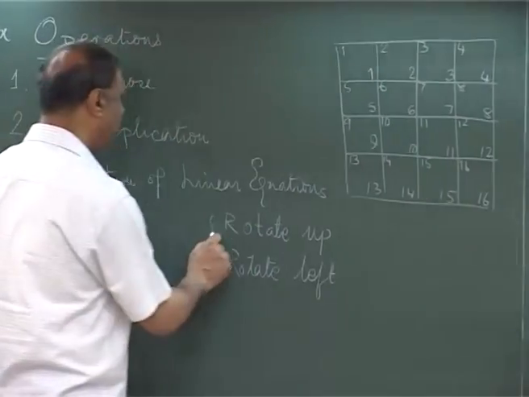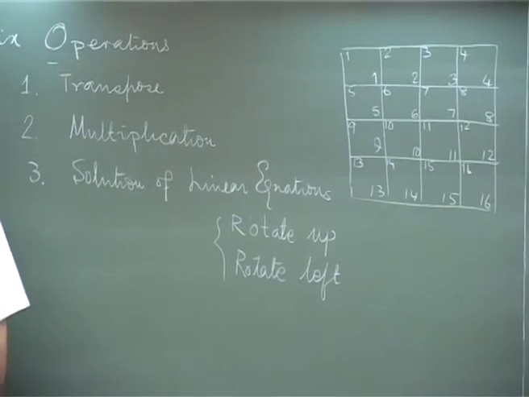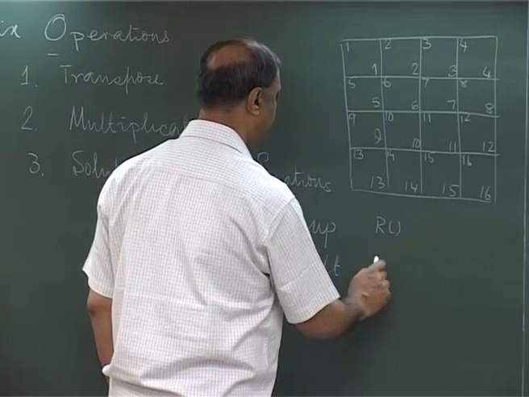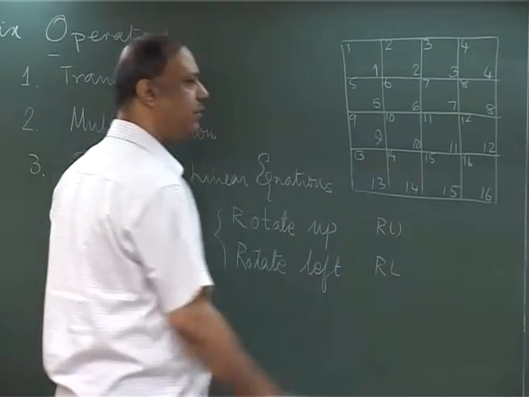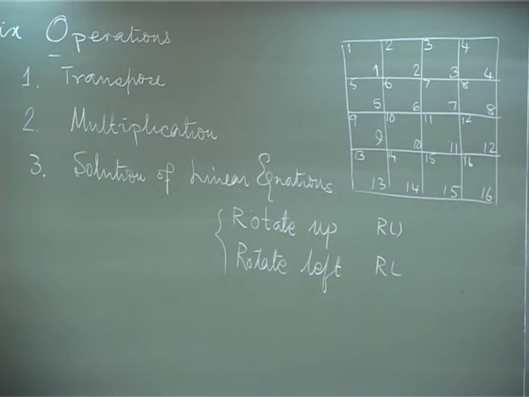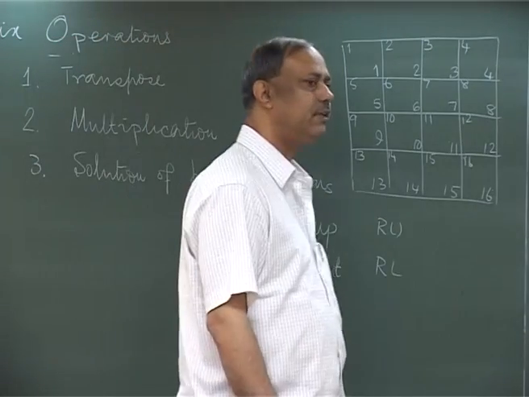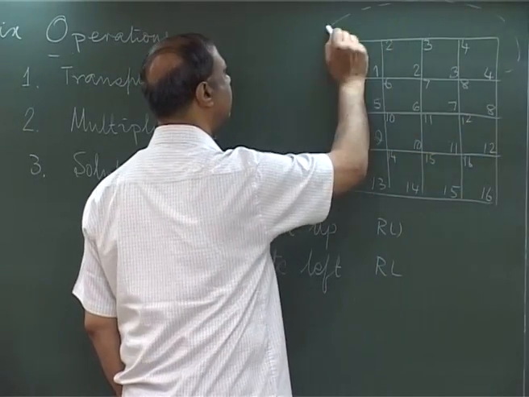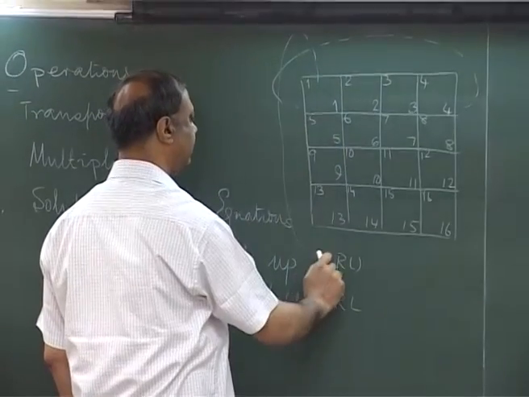Now in order to define these two operations, rotate up, say we use RU and RL. In order to define these two operations, we assumed that the mesh connected computer wraps around. Wrap around means this is connected and this is connected.